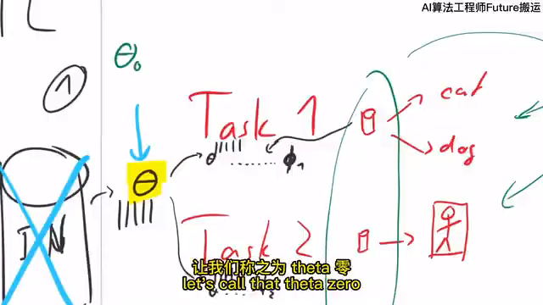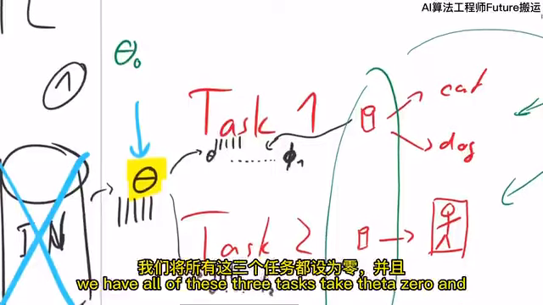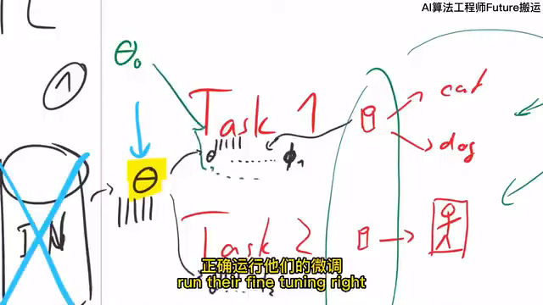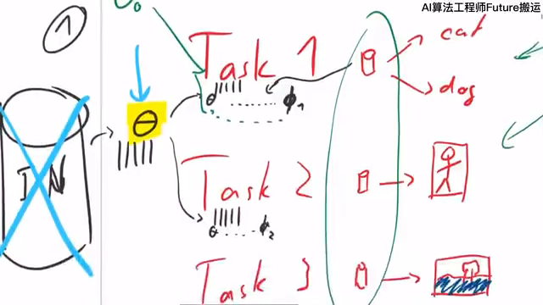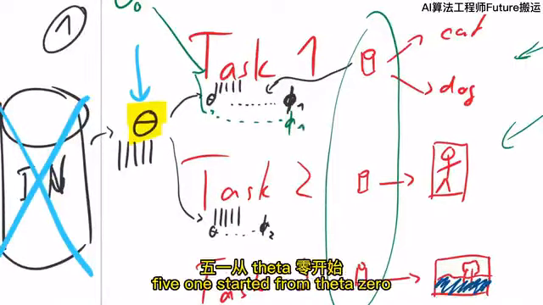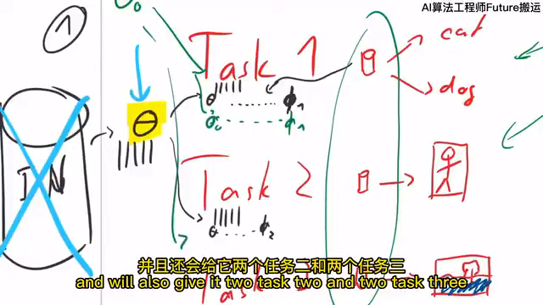Let's call that theta 0. And now we have all of these three tasks take theta 0 and run their fine-tuning to come up with their own parameters, starting at theta 0. So this is phi 1 started from theta 0, and we'll also give it to task 2 and to task 3.